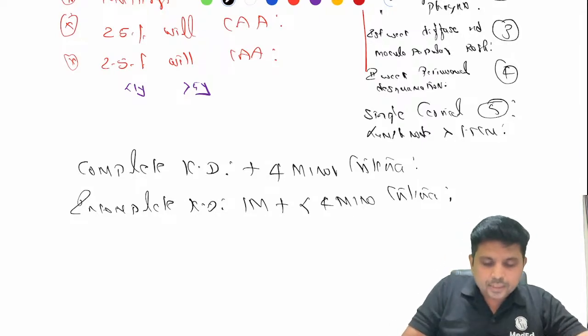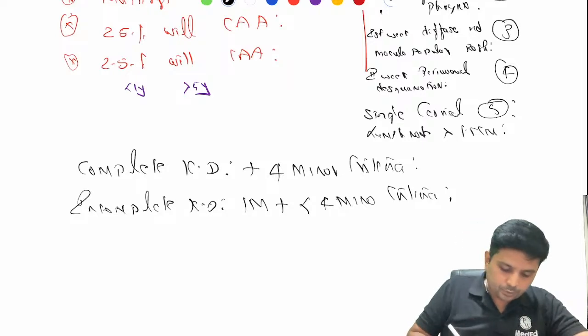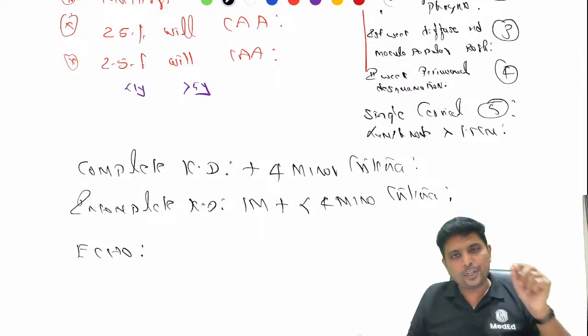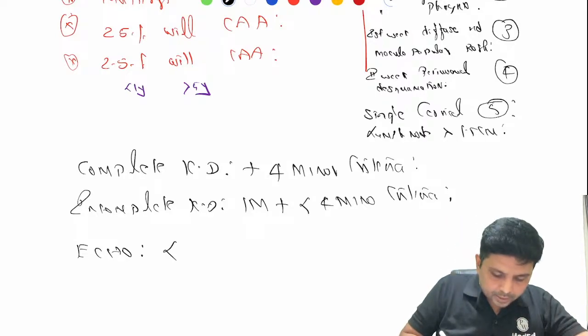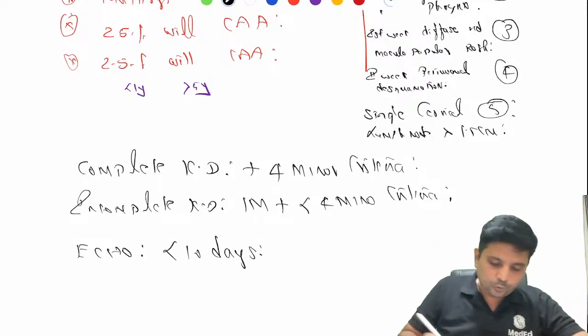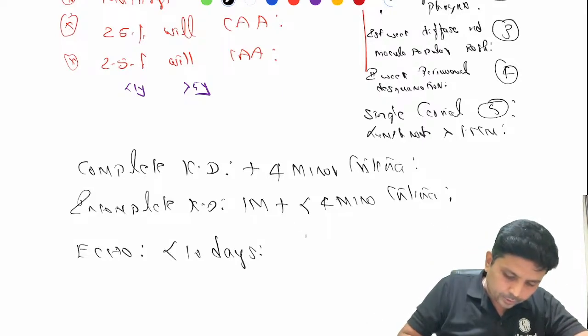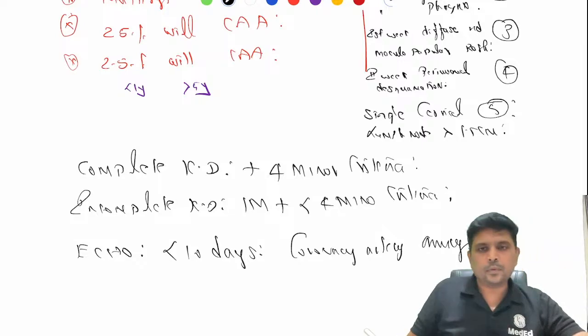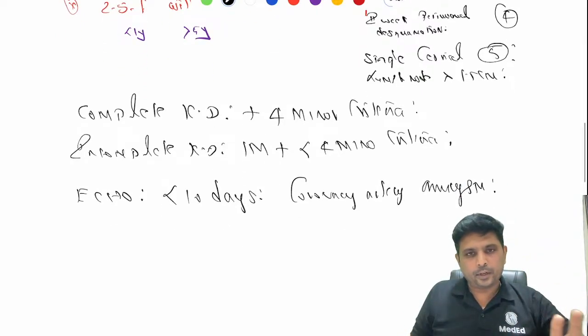Right. So what is the treatment? Always whenever you suspect Kawasaki disease, you need to take an echo, ideally 10 days after the onset, to find out coronary artery aneurysm.